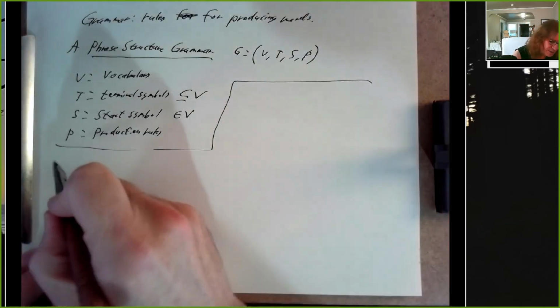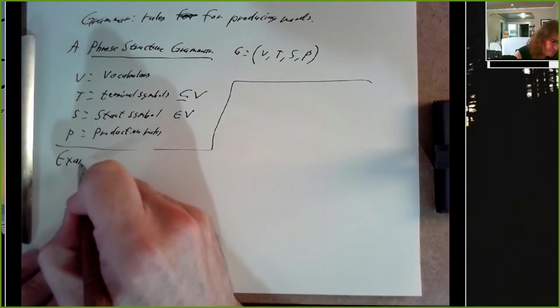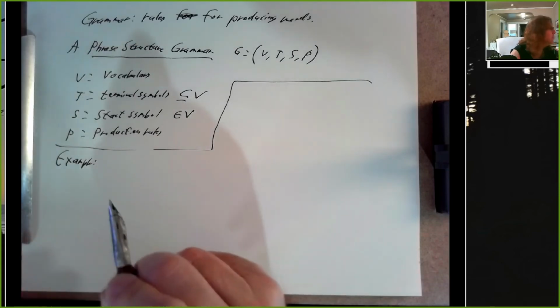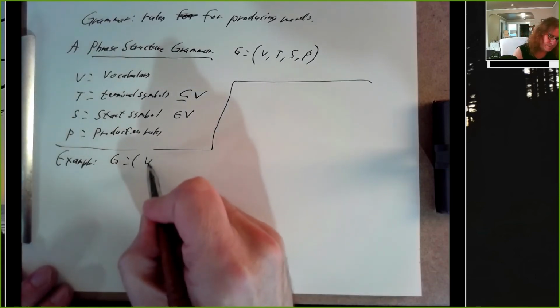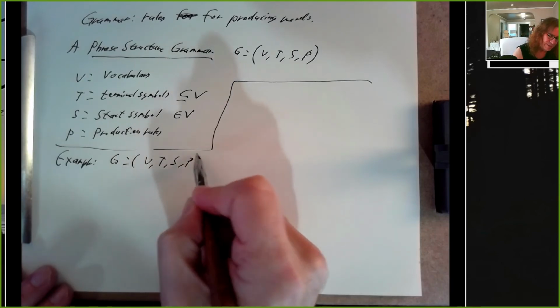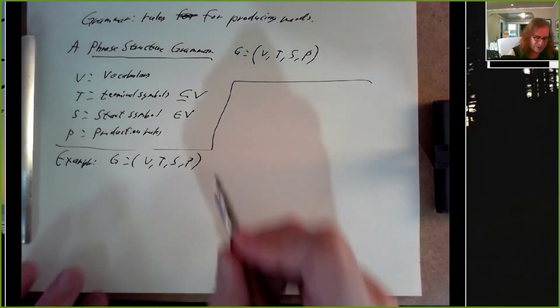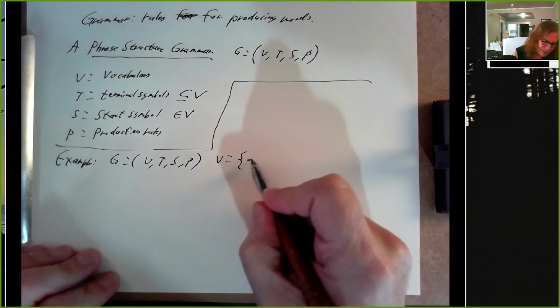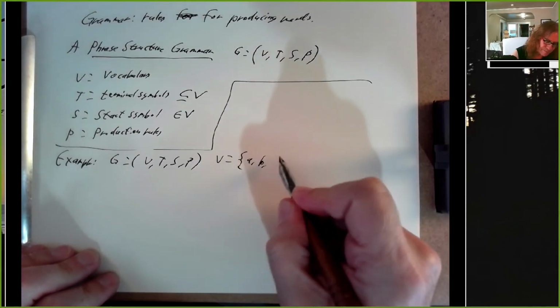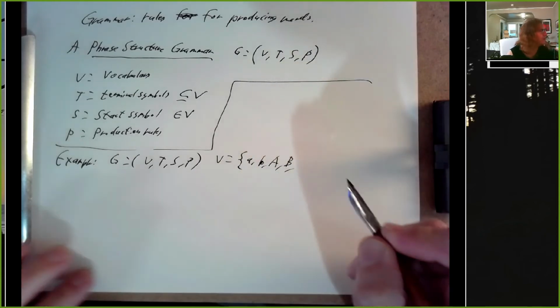Alright, so let's do some examples. So we'll start with grammar V, T, S, P. Our vocabulary consists of the following symbols: little a, little b, big B, and S.